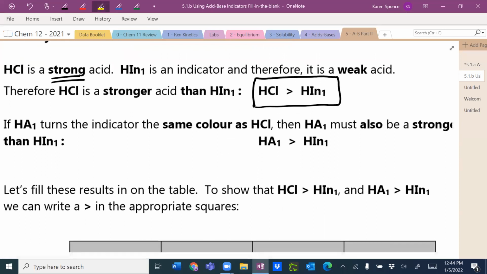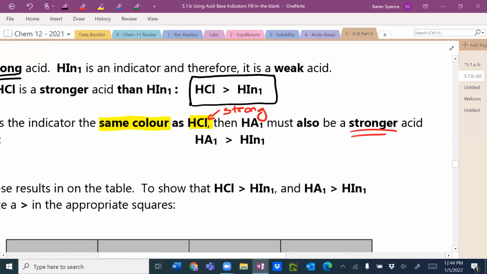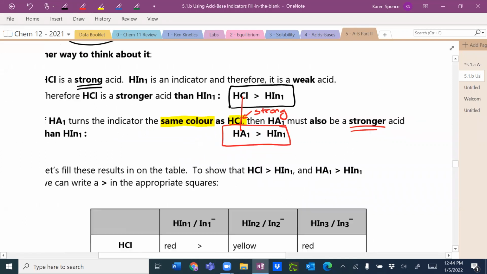If HA turns the indicator the same color as HCl, which is a strong acid, then HA must also be the stronger acid because it is behaving in the same way as a strong acid did. So if the colors are the same, then these are both stronger than the indicator.